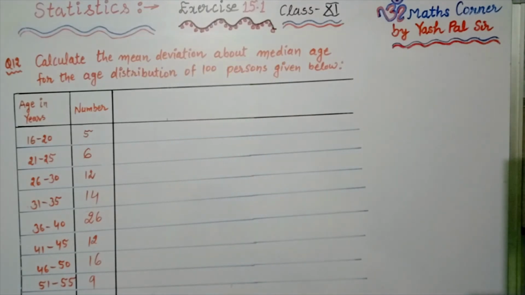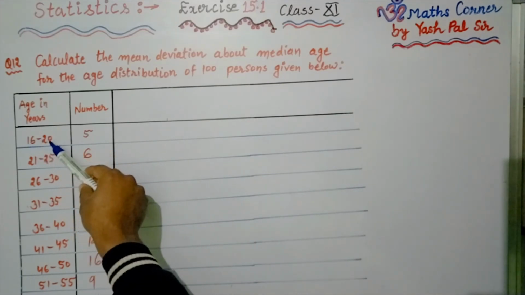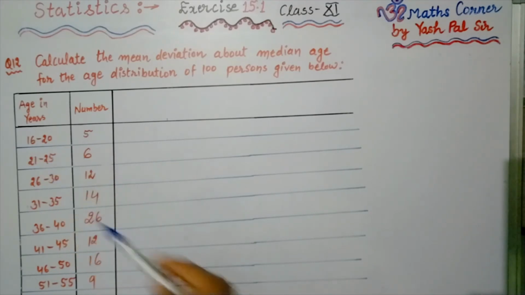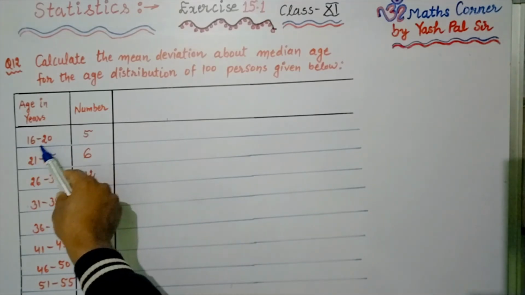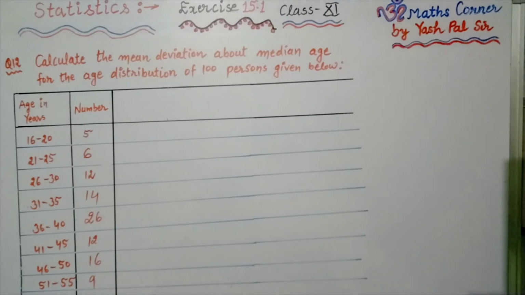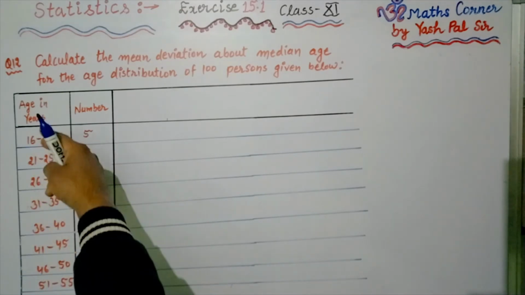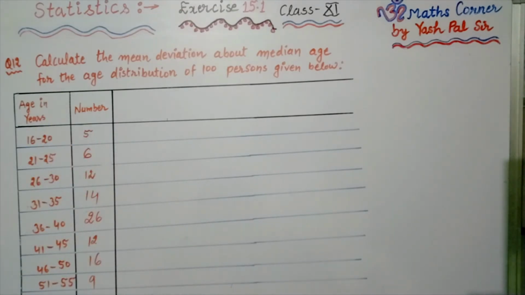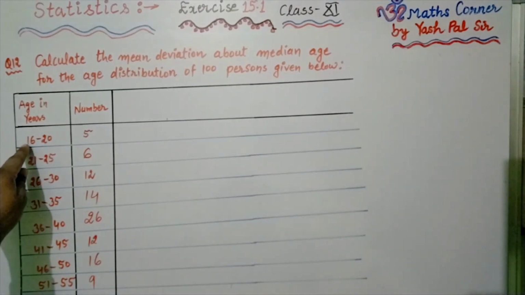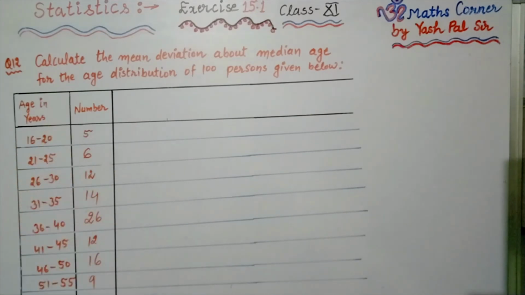So first of all, we see the frequency distribution 16 to 20, thereafter 21 to 25. There is a break, this is not continuous. So first we have to convert these class intervals into a continuous frequency distribution. How to do that? Lower limit is subtracted by 0.5, upper limit is added by 0.5.